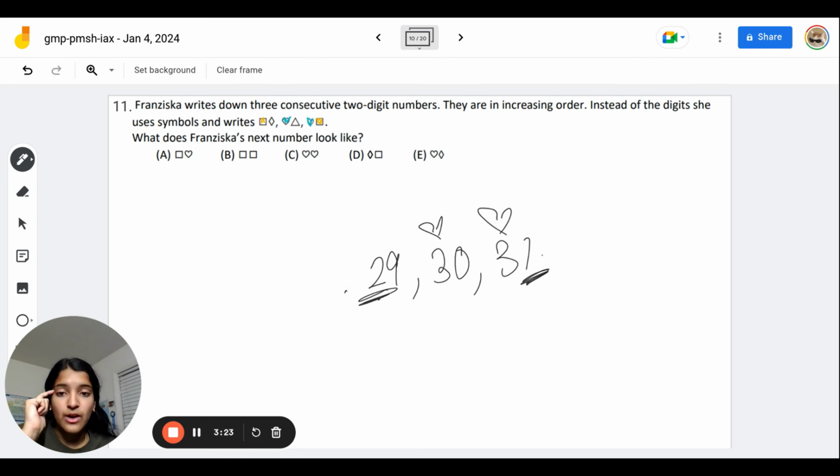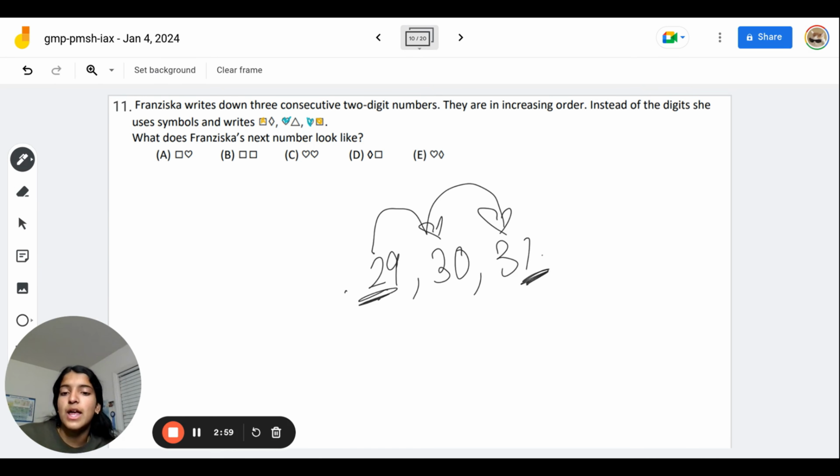Something you can also tell is that it has to be in this kind of order: the last number of the 20s with the first two numbers of the 30s, or the last number of the 30s with the first two numbers of the 40s, because that's the only way this will work for the tens place.